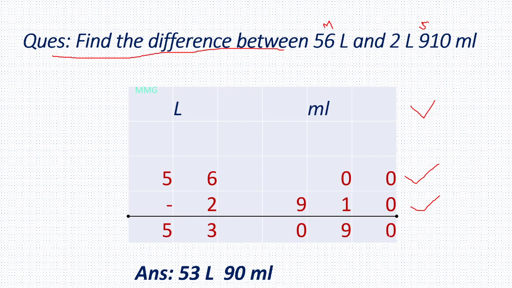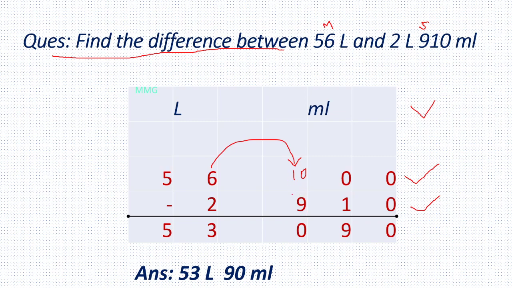So 0 minus 0 is 0, 0 minus 1 not possible. So we will borrow 1 liter from here. You all know 1 liter equals 1000 milliliter. So here I am writing 1000, and 1000 plus 0 equals 1000 milliliter. So now 10 minus 9.